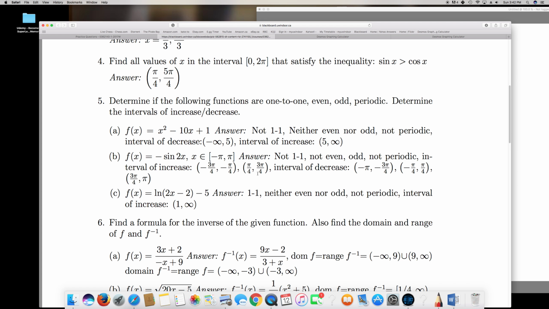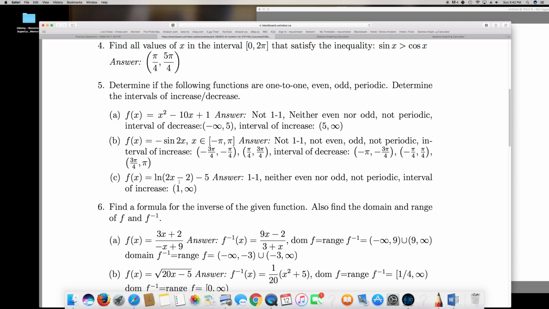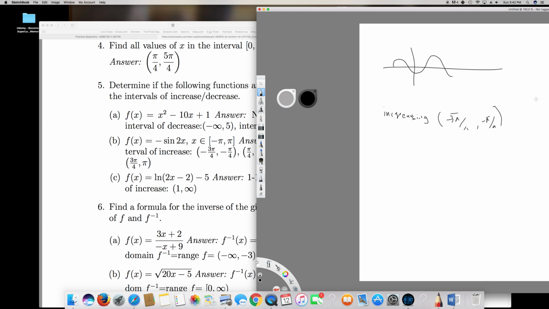And the next question is asking, f of x is equal to ln of 2x minus 2, minus 5. First question they're asking, is it a one-to-one function? So if you draw the graph for ln of 2x minus 2, minus 5, let's draw the graph first.